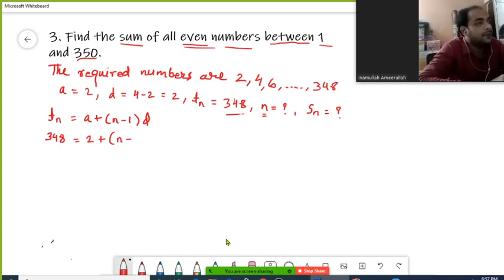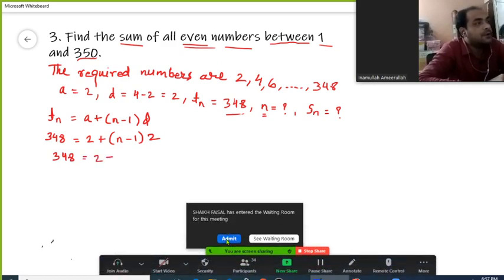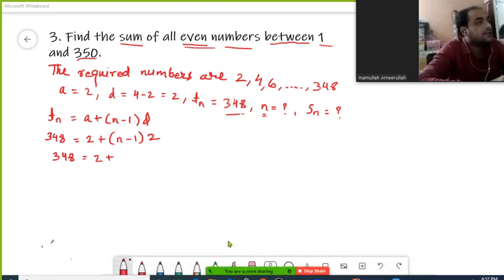So n we don't have, common difference is 2. Now keeping 348 in its place, 2 in its place, this 2 into n will give me 2n minus 2 ones are 2.